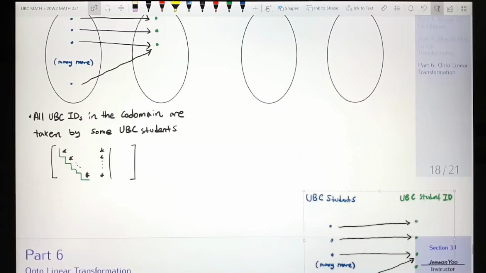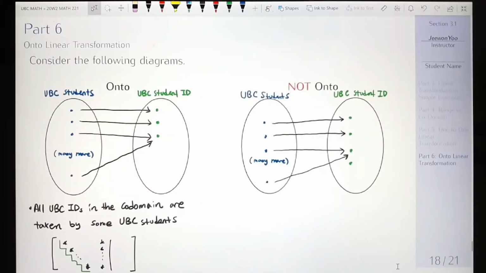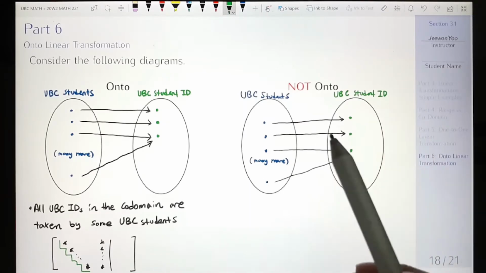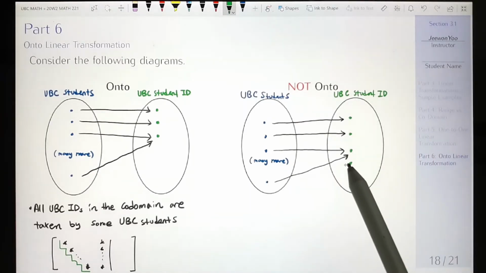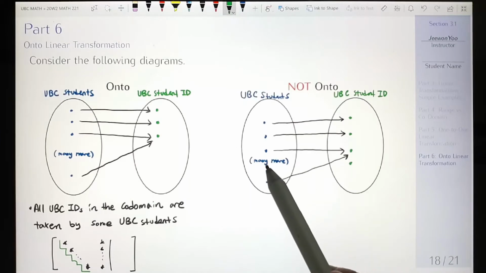Whereas the situation with not onto must look something like this. You see, we have at least one UBC ID in the codomain that is not mapped by UBC student in the domain.